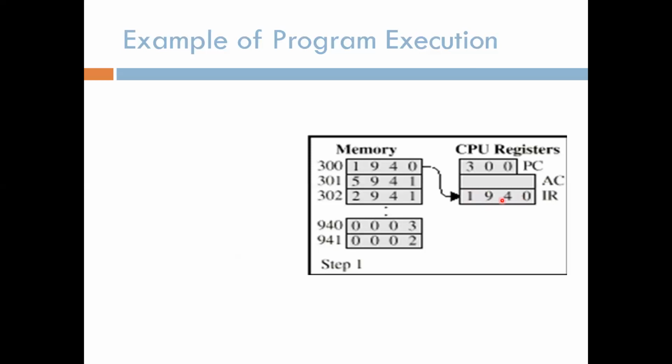So we go to 940 and we are going to load whatever data we have here. And this data is 3, the number 3. I said that the accumulator stores the values, so what it's going to do in the next step is actually load the 3 into the accumulator, and that's the result.